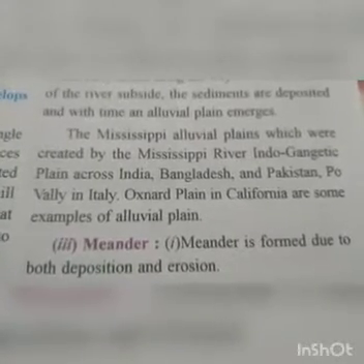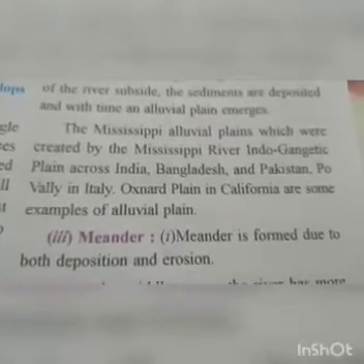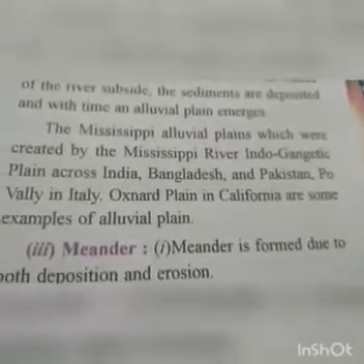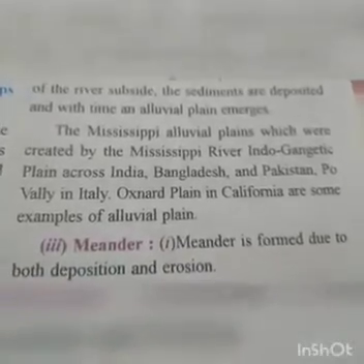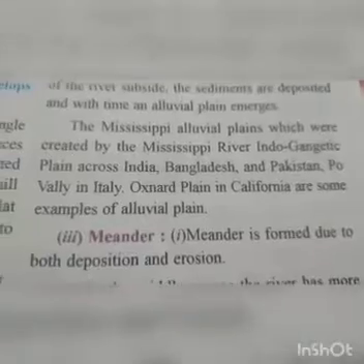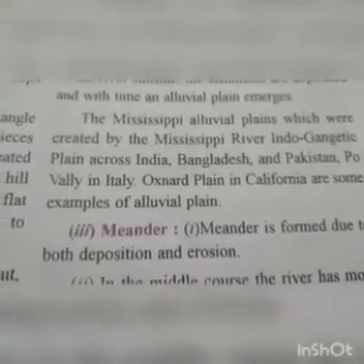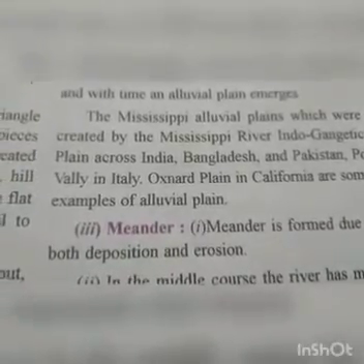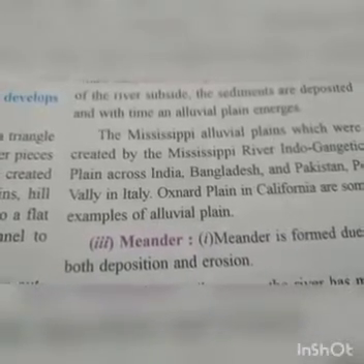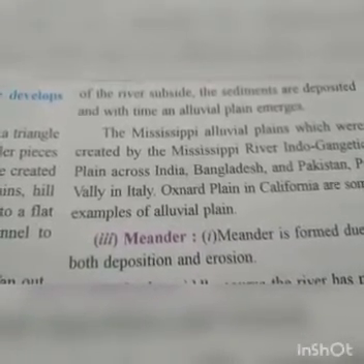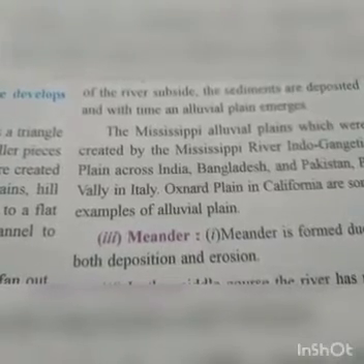The Mississippi alluvial plains, which were created by the Mississippi River, the Indo-Gangetic plain across India, Bangladesh, Pakistan, and the Po Valley in Italy and Oxnard Plain in California are some of the examples of alluvial plain. These plains are formed when there are floods which carry the debris along the way of the river, and when the waters of the river subside.